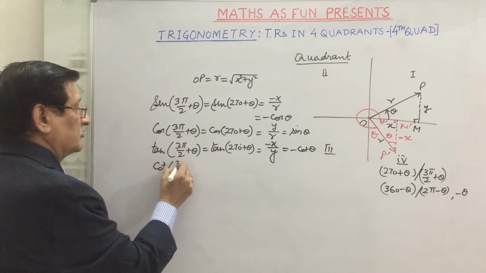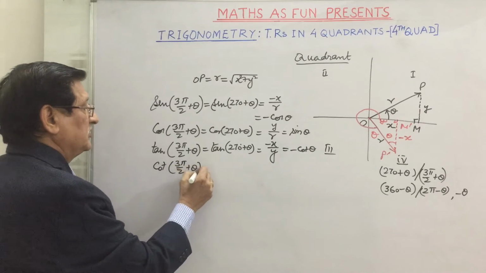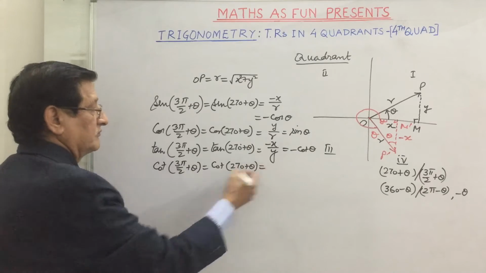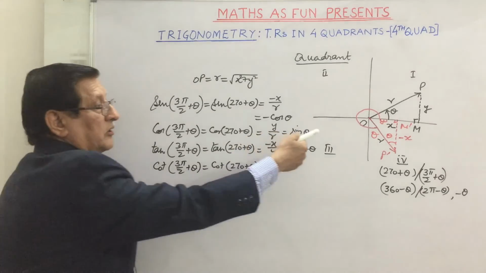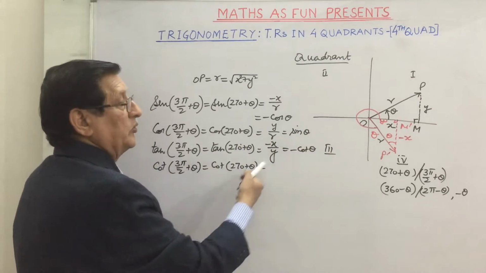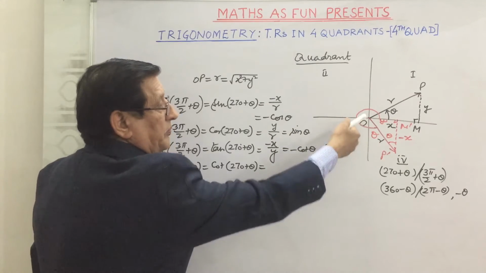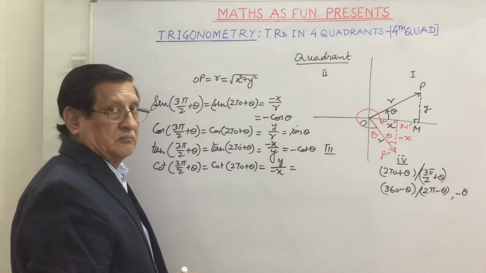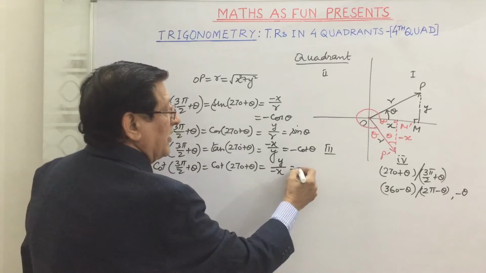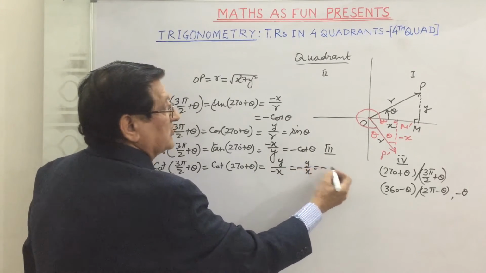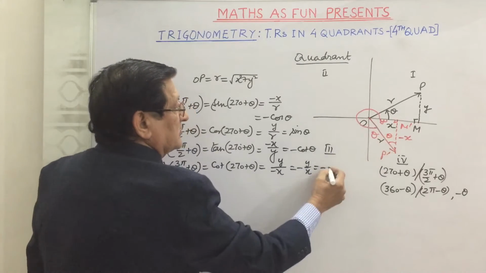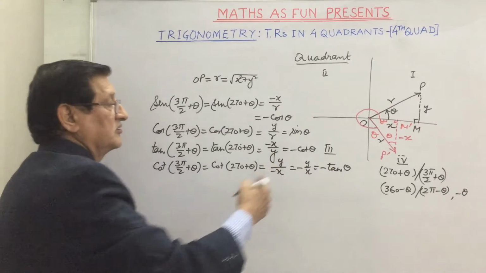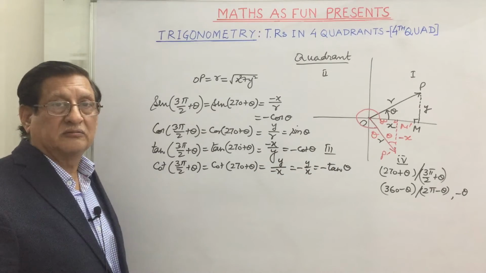Cot of 3 pi by 2 plus theta, or cot of 270 plus theta, comes as base upon perpendicular. Base is y, perpendicular is minus x, and this comes as minus y upon x, which from here is equal to tan theta. So cot 270 plus theta is same as minus tan theta.